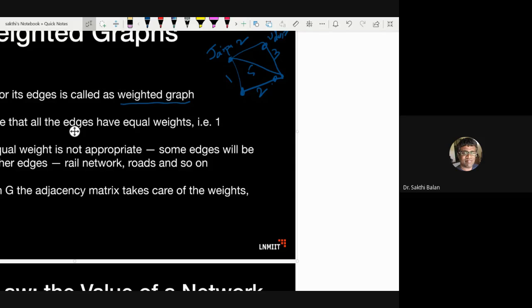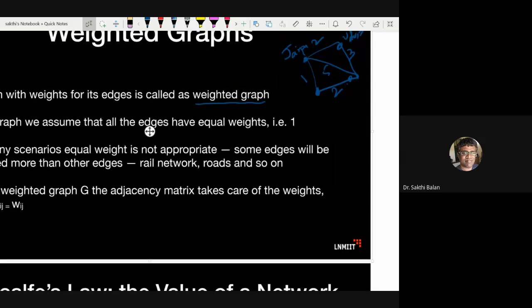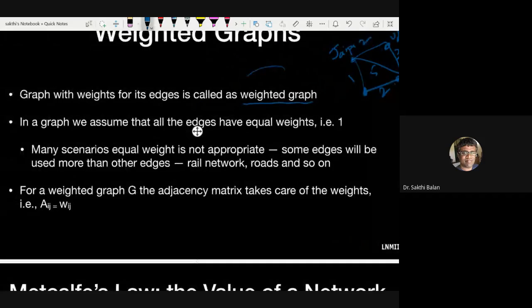Or it might represent 200 kilometers or something like that. So it can represent some number. That will make sense in situations where the graph needs to represent this parameter also. In those cases, we will be talking about a weighted graph. A graph with weights associated with the edges is called a weighted graph.